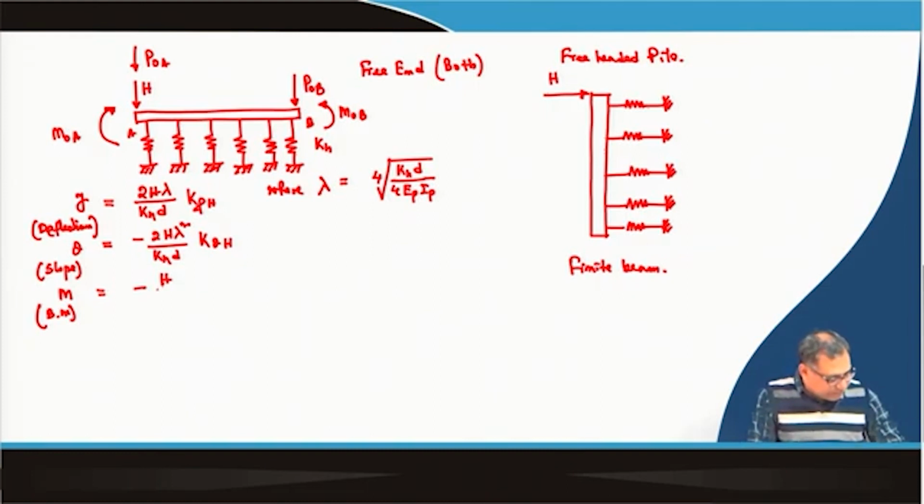The bending moment equation is minus H by lambda into k m h.